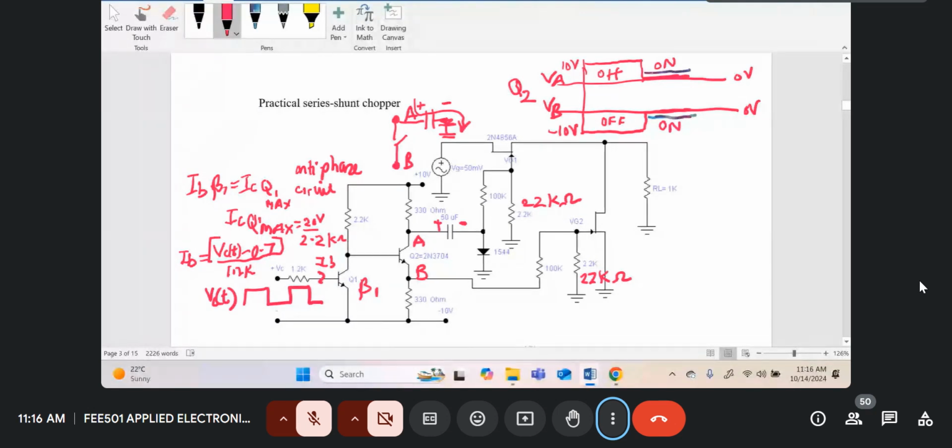But now let's observe what is happening at the gate of our top transistor. The top transistor, the gate is VG1 here.